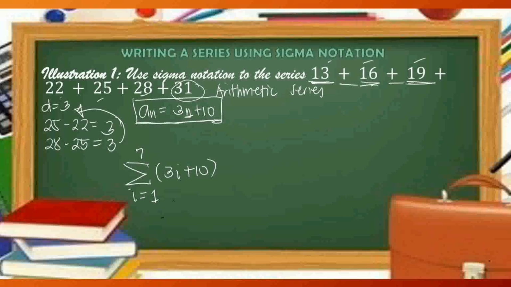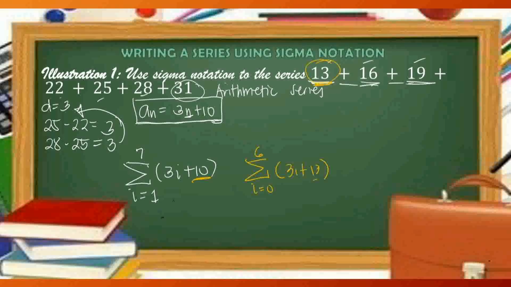We can also write it as summation of 3i plus 13, where i is from 0 to 6. So our range still has 7 terms: 0, 1, 2, 3, 4, 5, 6. So we will just add 3 to the constant 10. 10 plus 3 is 13, or just use our first term, which is 13. So if i is equal to 0, 3 times 0 is 0 plus 13.